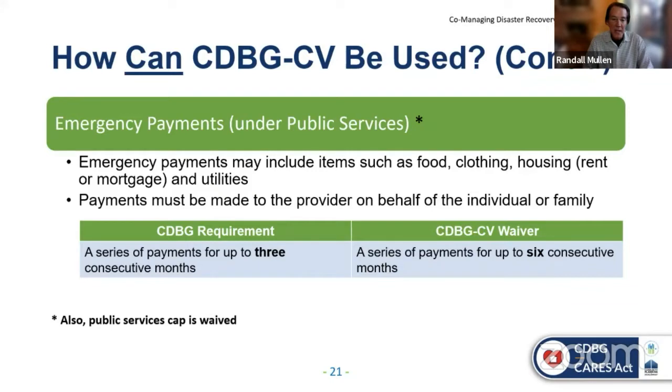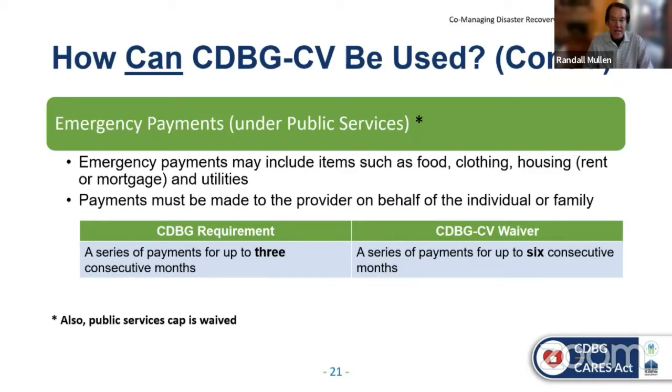Those emergency payments have covered such items as food, clothing, housing, that is rent or mortgage, as well as utilities. Stan and I have noted, however, that recently the housing-related payments have begun to shift from rent to mortgage payments. But the payments must be made to a provider, such as a utility company, on behalf of the individual or family.